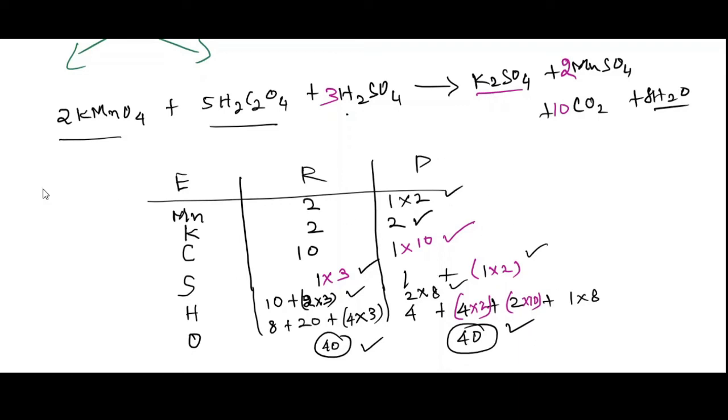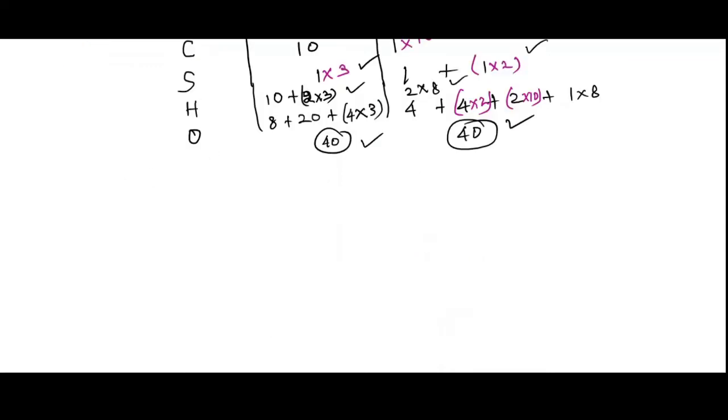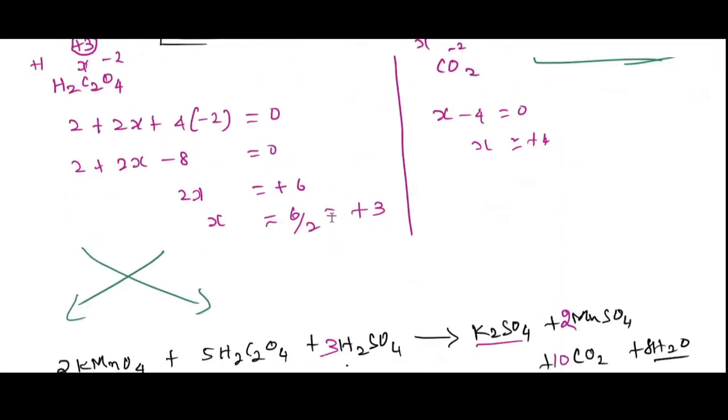You can check it out. So see, we have not specifically gone behind oxygen, but it is automatically balanced here. Do you understand this? So this is known as the oxidation number method of balancing the redox reactions. Okay. So we have two more methods remaining.